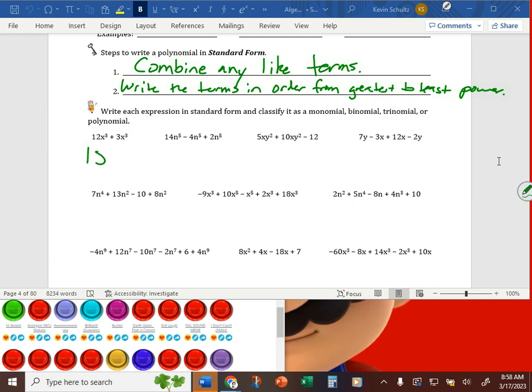Total, we have 15 x cubes. The rules are different for addition and subtraction. The power doesn't change here because we're getting more of the same thing. We're not multiplying them. They are like terms because the variable and the power are the same. We have 12 of something, we get 3 more, total we have 15.